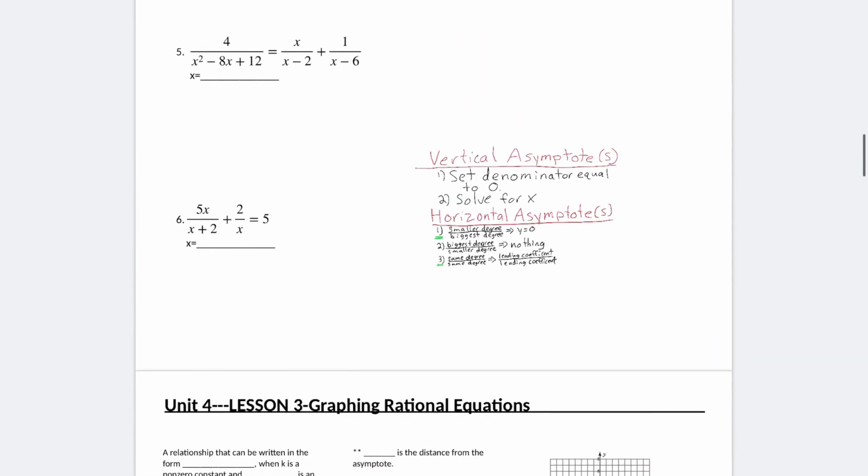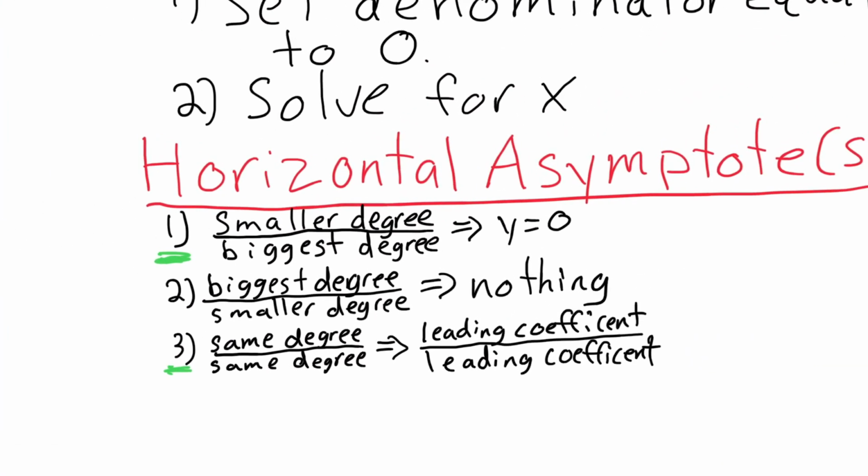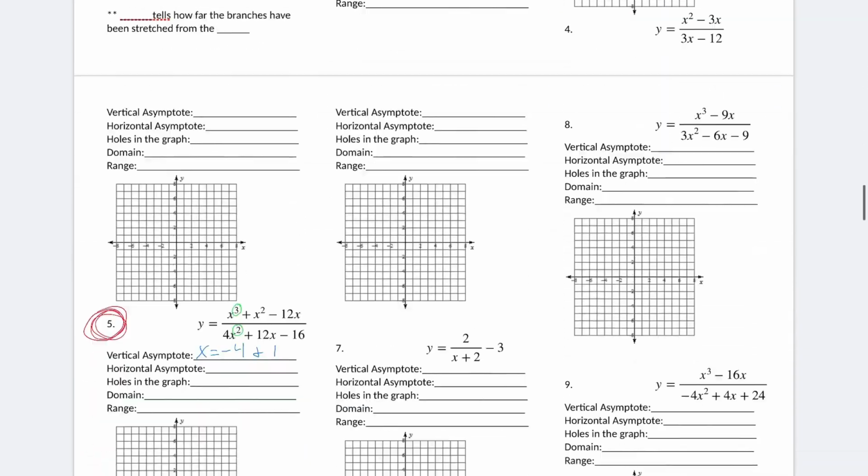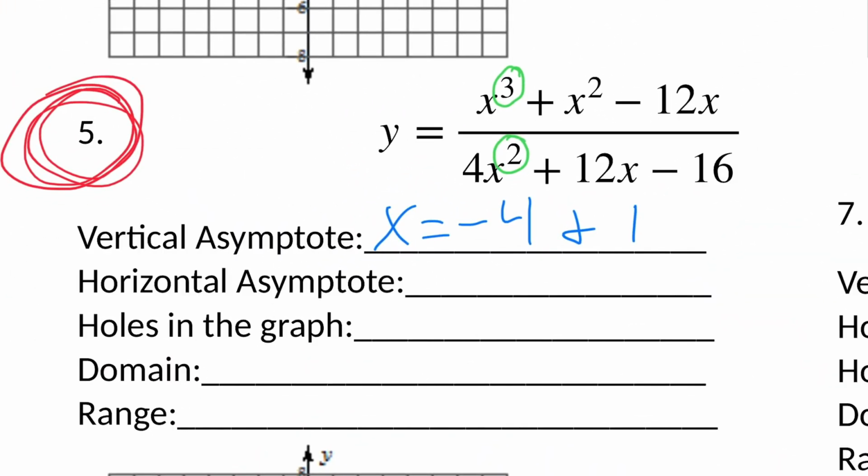So going back to our scenarios that we wrote down originally, if our biggest degree or biggest exponent is in the numerator, we have no horizontal asymptote. How I taught you guys to remember it is that a huge thing on top of a really small thing is going to crush it into nothing. Or a big person sitting on a little small person, they're going to crush it into nothing. So for number 5, if our biggest exponent is 3 in the numerator, then we're not going to have a horizontal asymptote.